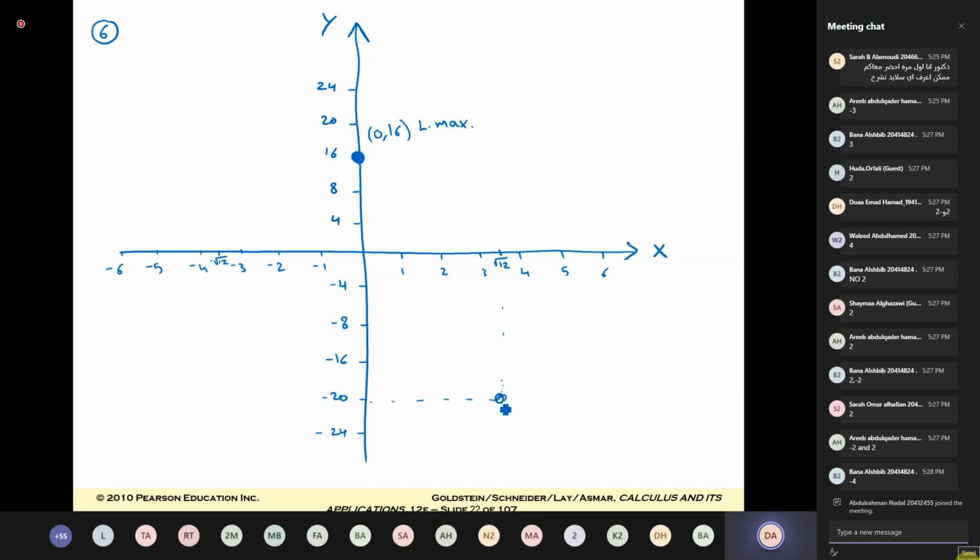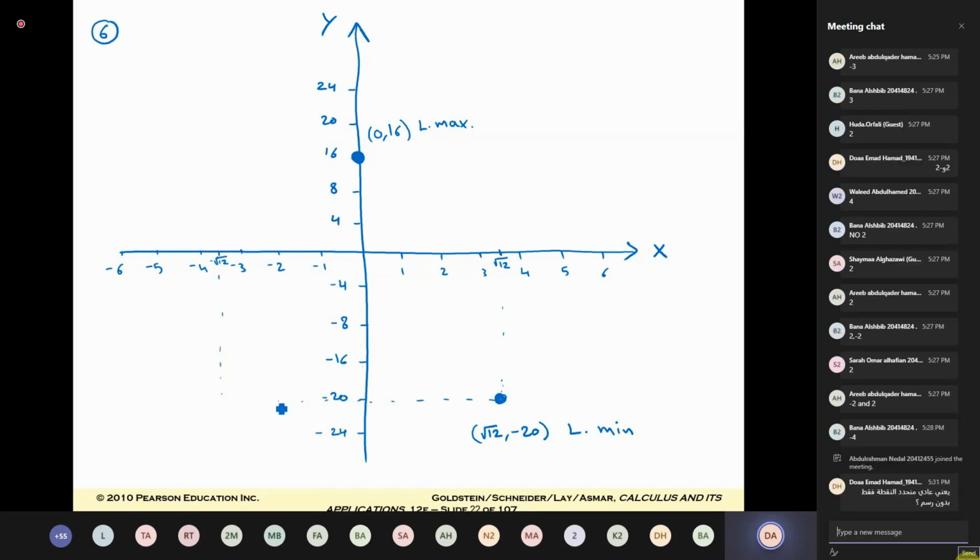This is the minimum point: radical 12 and negative 20. This is the local minimum. The second one, this one, negative radical 12, negative 20, is also a local minimum.